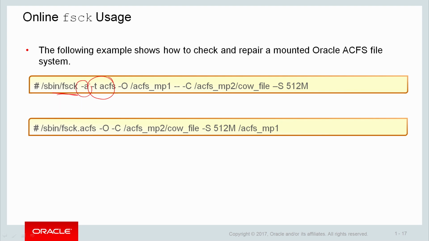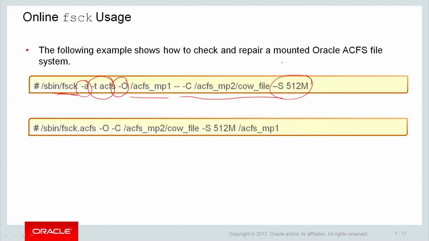If you have the -a option specified, this will also attempt a repair of any problems it finds as well. The -o means this is an online check, and this is the name of the file system we are checking, and this is the name of the COW file, the copy on write file, and this is the size of the COW file as well there.